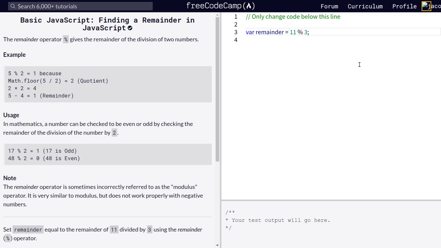11 divided, the remainder of 3, and we can see the result.